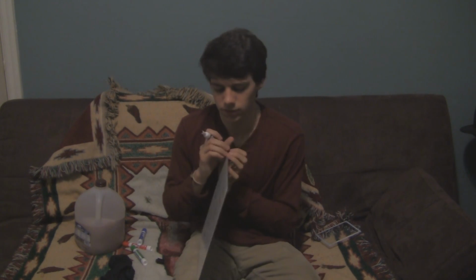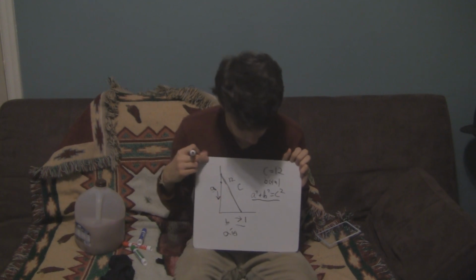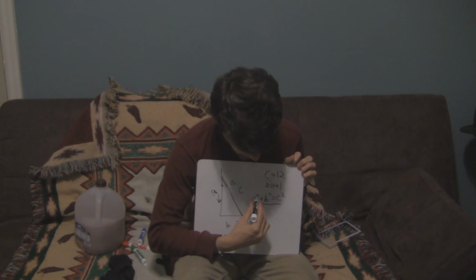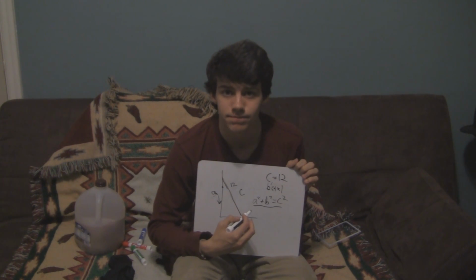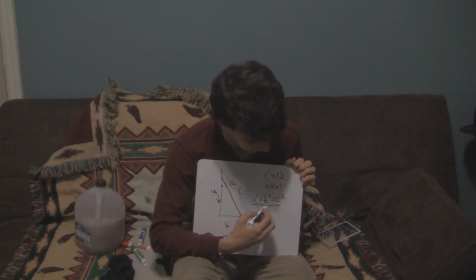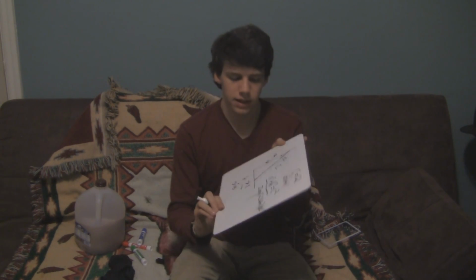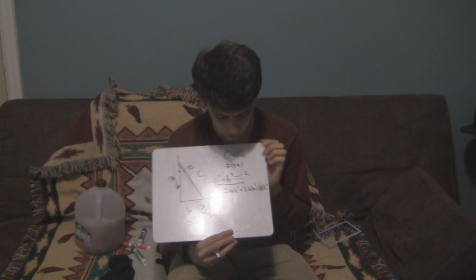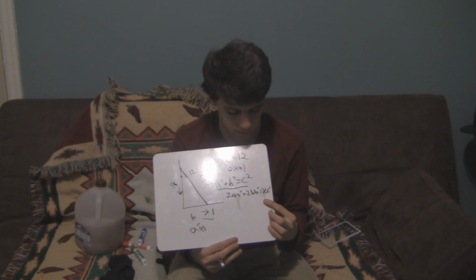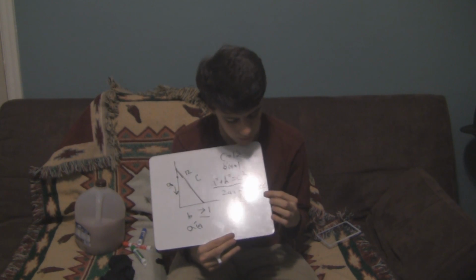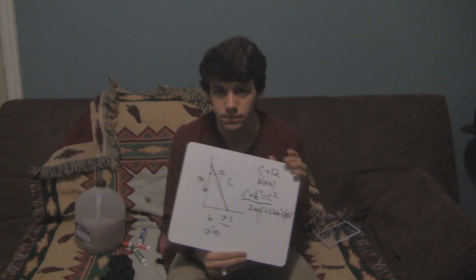You chain rule the a squared to get 2a, and then the derivative of a, which is just a prime. And then you do that for b squared and c squared, okay? So that gives you that right there: 2a, a prime, plus 2b, b prime, equals 2c, c prime.